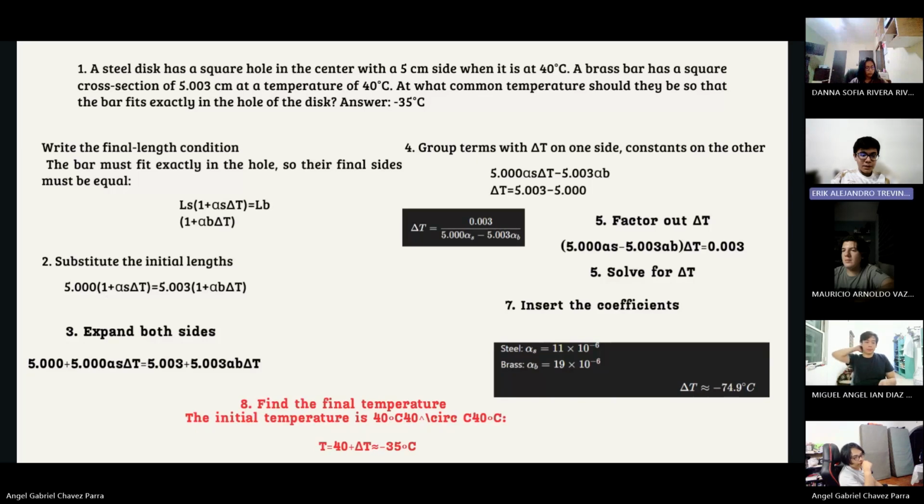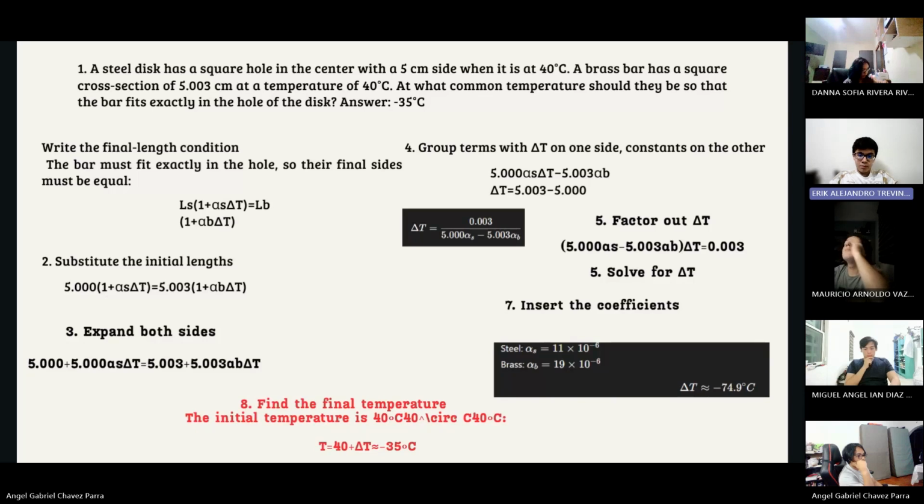It's going to be 5 centimeters plus 5 centimeters multiplying this, that equals 5.003 centimeters plus 5.003 centimeters multiplying this. Then we group terms with the delta temperature on one side and constants on the other.